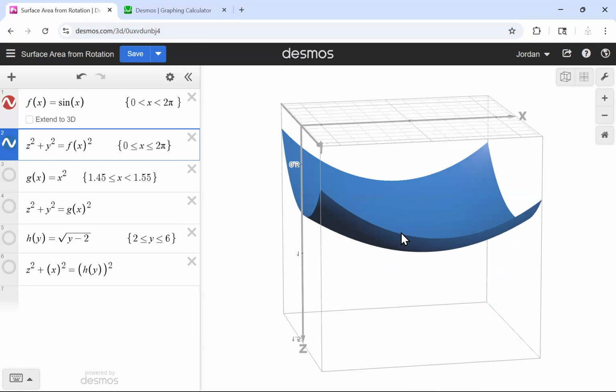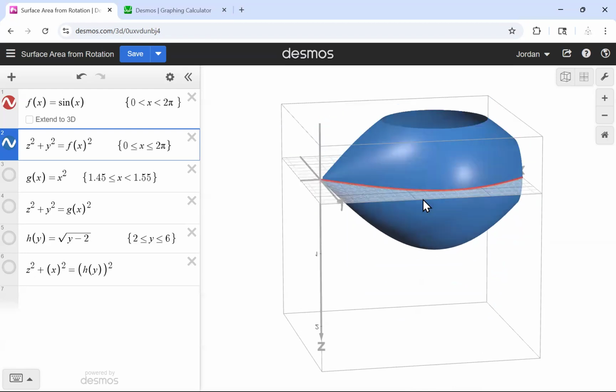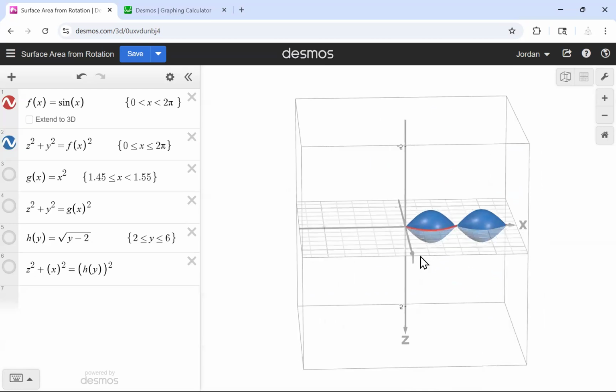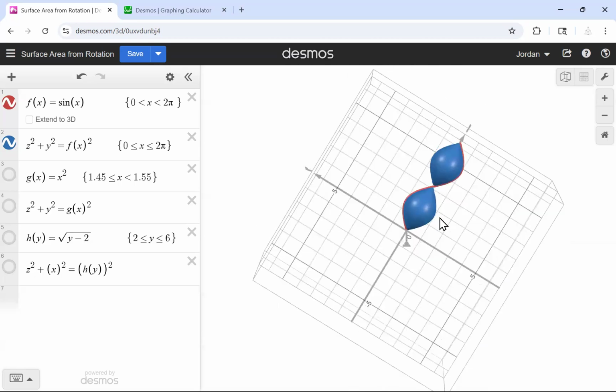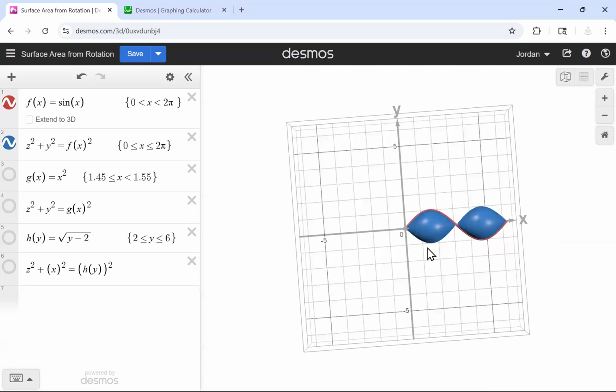These are not solid objects, so they don't have anything inside of them. Think of them like balloons or something. Obviously, they are the same size. That's why we ended up with roughly 14.42 as a surface area for each.